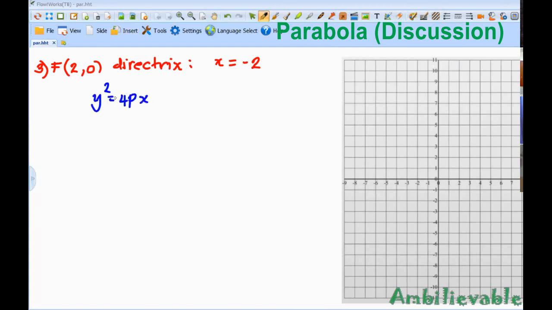Since p is 2, 4 times 2x, so y squared is equal to 8x. So 1 point for the equation.